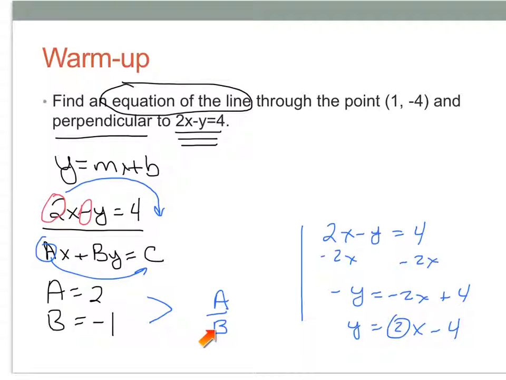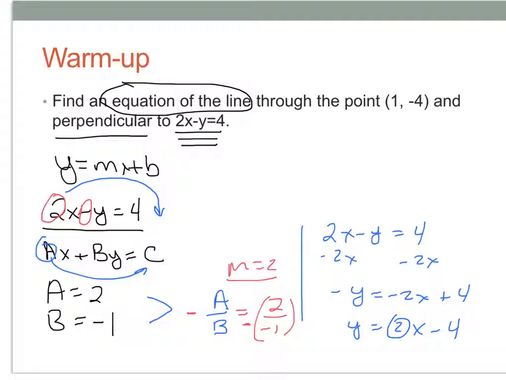The only other thing is A moves over, so I have to put a negative in front. That means I have -A over B, the opposite. And look what happens. The slope here is 2, and the slope here is 2. It's the same exact value.